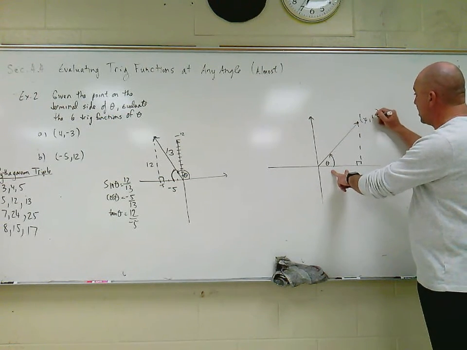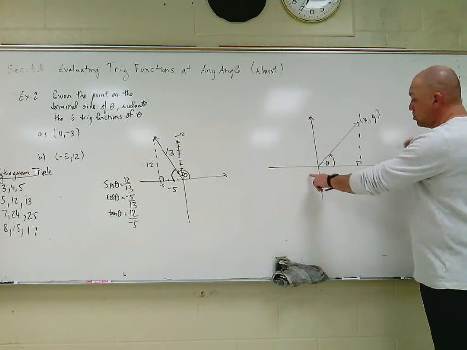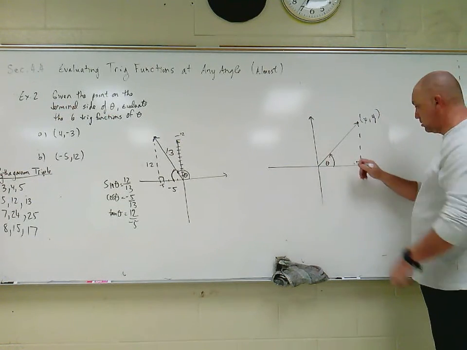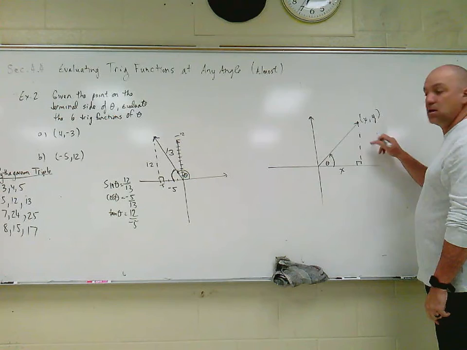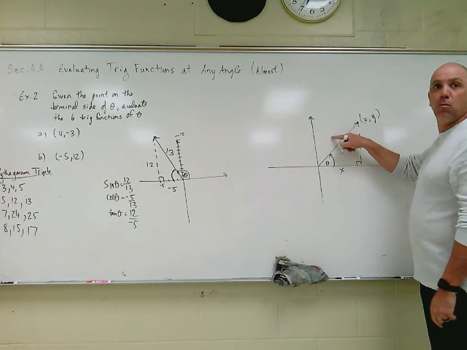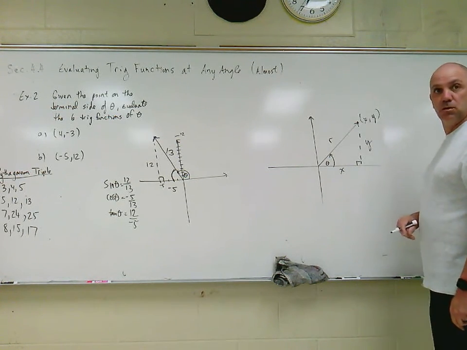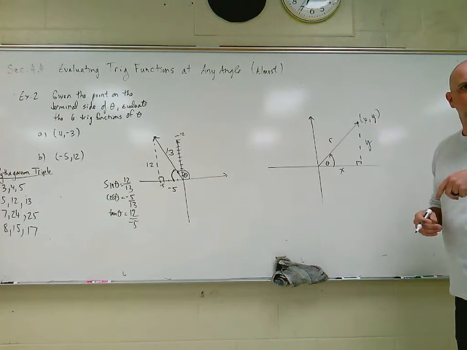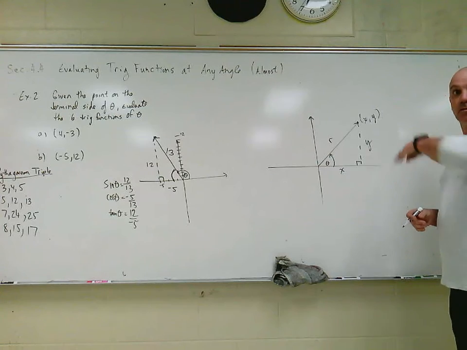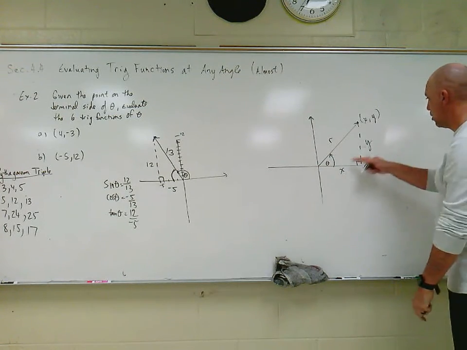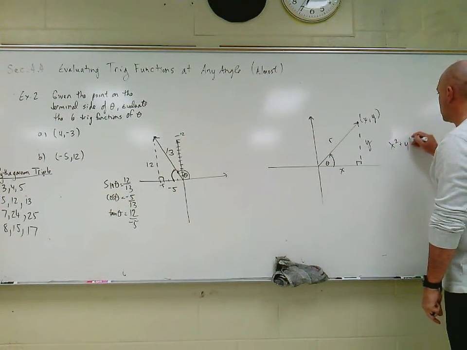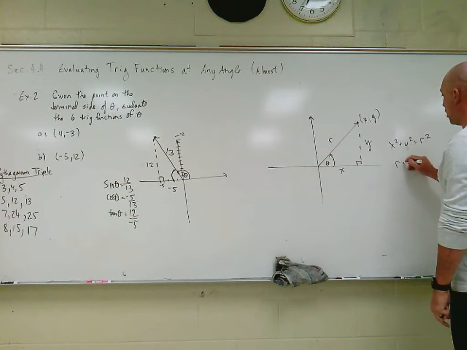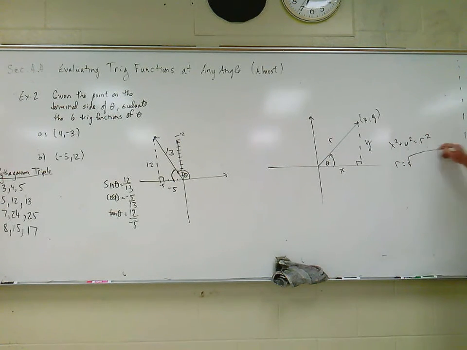Right? So this coordinate's an XY. So the horizontal side here is X. The vertical side is Y. Remember I said that we use R for hypotenuse. So with Pythagorean, and later on we'll look at why we use R. Yeah, think about radius of a circle, right? So Pythagorean theorem, we get x squared plus y squared is r squared. So r is always square root of what? X squared plus y squared.